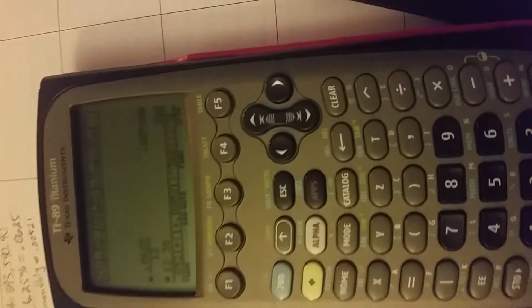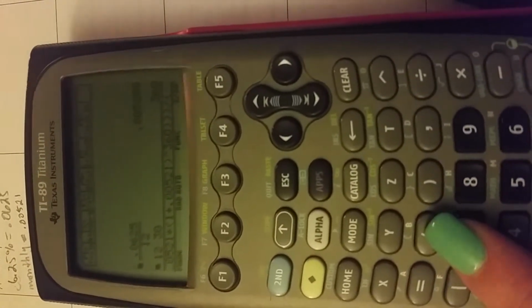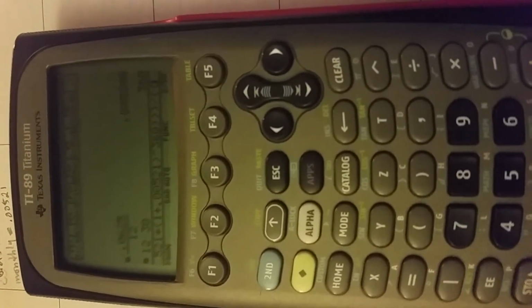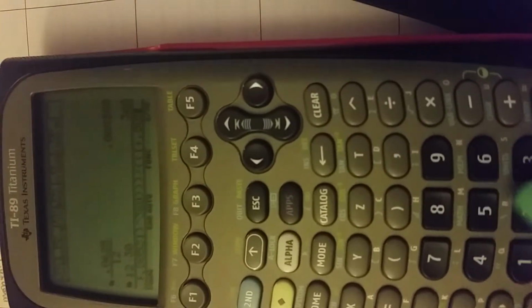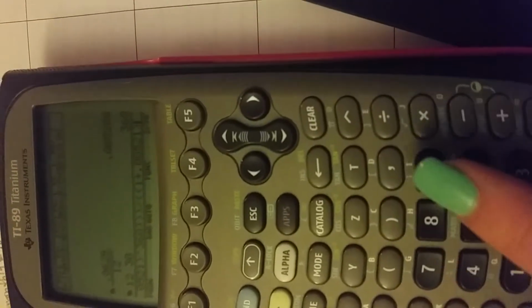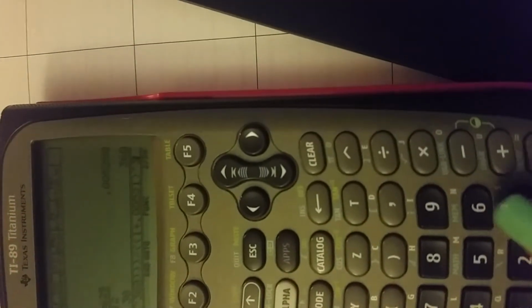It's the bracket in the formula up there. Now, we're going to open another pair of parentheses because we want to take 1 plus R to the power of N. So, it's 1 plus 0.00521. Close those parentheses there. Raise that whole thing to the power of N, which is 360. And then we're going to subtract off 1. And then you're going to close parentheses, because that's going to close out the denominator.